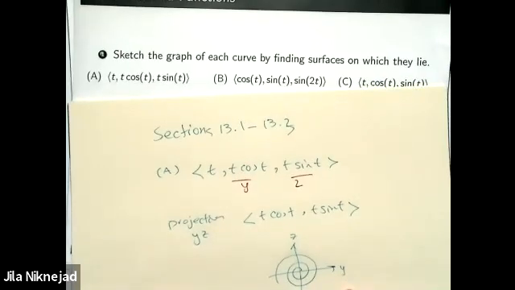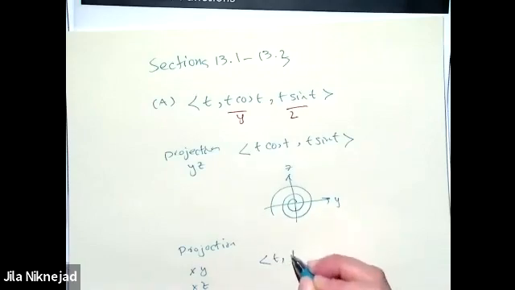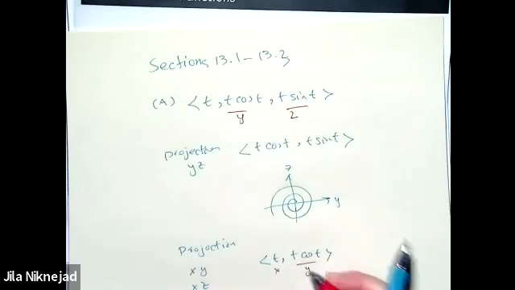Then looking at the other projections, x, y or x, z, they're similar, right? And xy is going to be t and t cosine of t. So that's x and that is y.